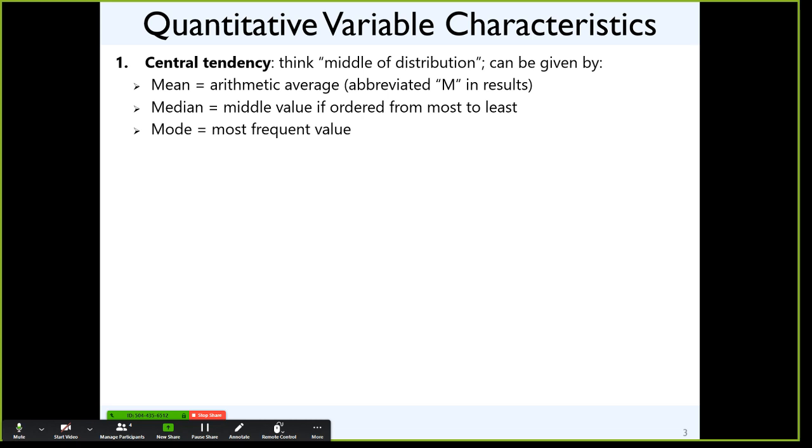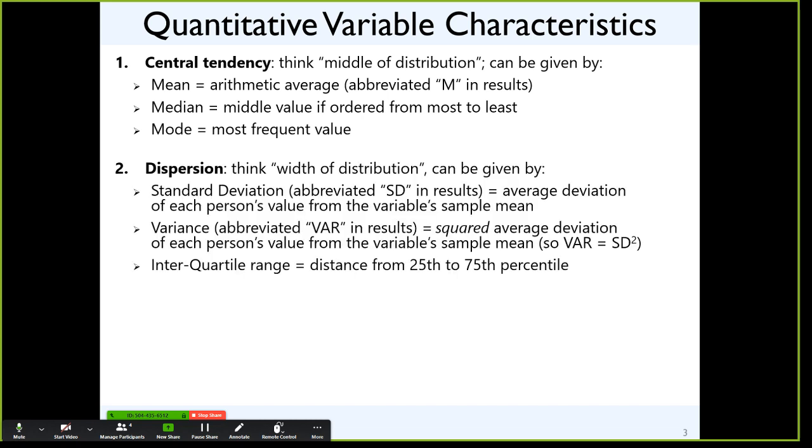But the other thing that we need to know besides middle of the distribution is how spread out they are. Yeah, so then we get into the idea of dispersion. And the main way that dispersion is operationalized, the one that's most intuitive and the one that you will find referred to most often, is standard deviation. It's how far off, on average, each observation is from the mean.